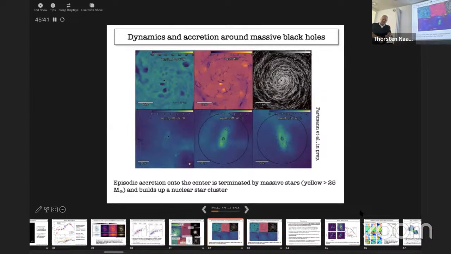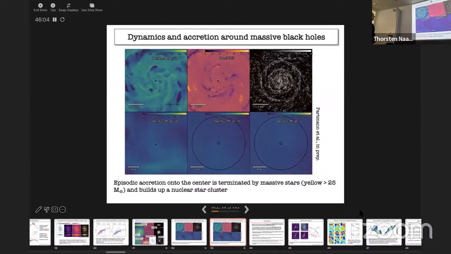We do have nuclear star formation. There's no AGN feedback here. And the very massive star that forms is energetic enough, through the supernova, to terminate the accretion flow. This indicates a strong competition between black hole growth and nuclear star formation on these scales.